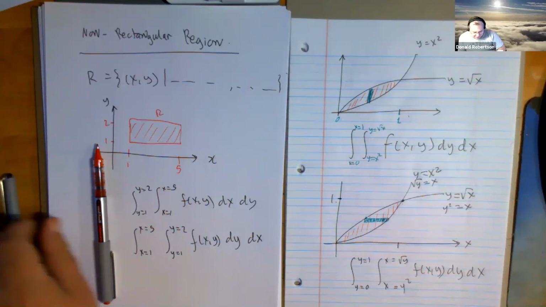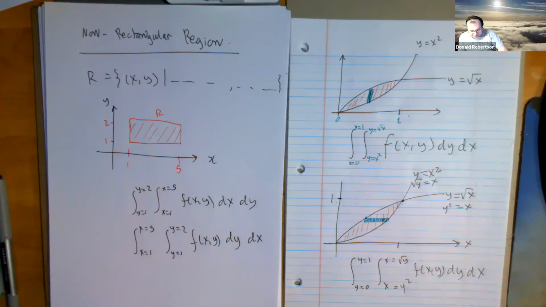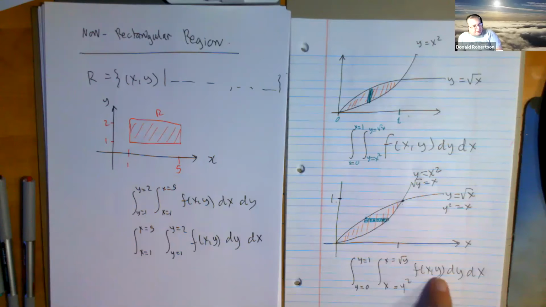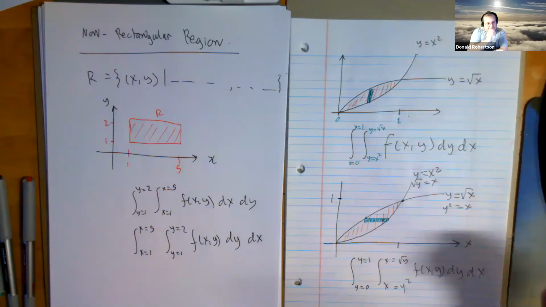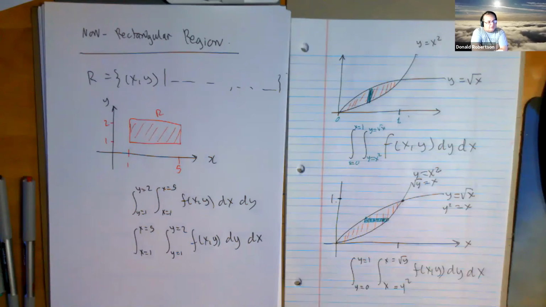Now that I'm thinking about it, I can imagine a situation where maybe this would be easier to do. It depends on what f of xy is. If f of xy had a whole load of x's in it and very few y's, or the opposite, a whole load of y's in it but very few x's, can you see that one of those integrals might be less work than the other?